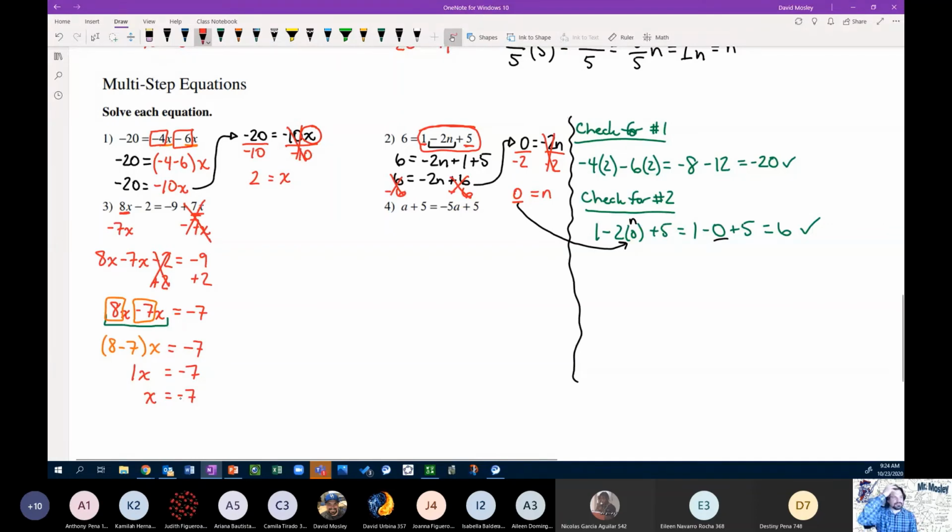So now we have to check. This one involved a lot more steps, a lot more rearranging of our equation. So I check each side of the equal sign individually. If I get the same number from both sides of the equal sign, then I've solved the equation correctly. So I'm going to look at 8x minus 2 first and replace x with negative 7.